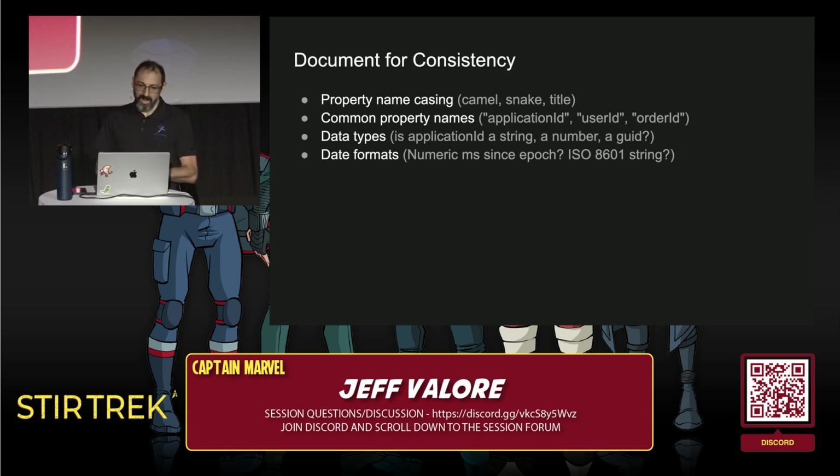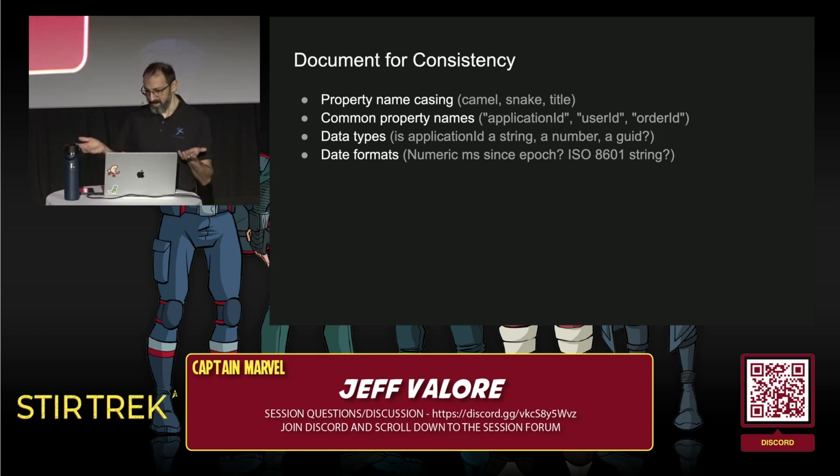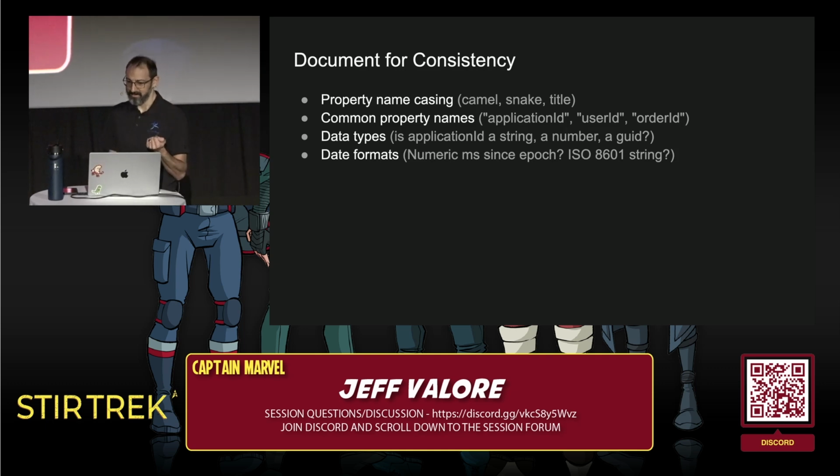And adding to that documentation, also things like data types. If you have an application ID or an application number, is that a string or an actual numeric field? Is it a GUID? More importantly, date formats, because nobody can agree on a date format, and JSON doesn't have its own. So even at company egg, where we do sometimes have property name alignment between two services, sometimes one service will give me back an ISO 8601 string with year, month, day, hour, minute, second, millisecond, Zulu.